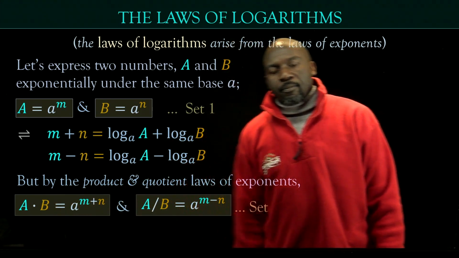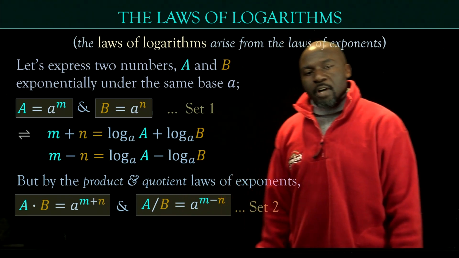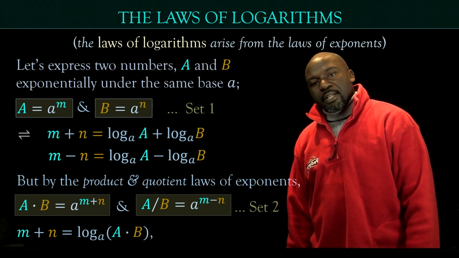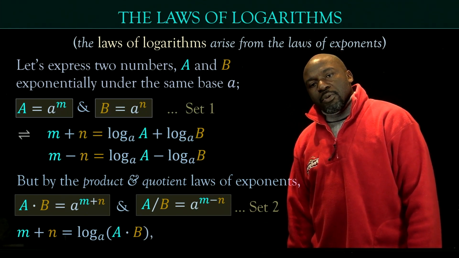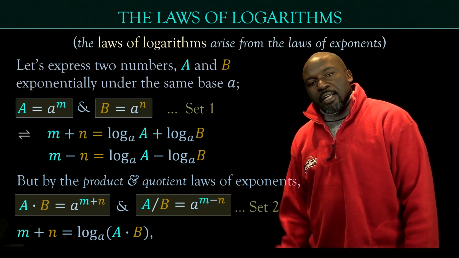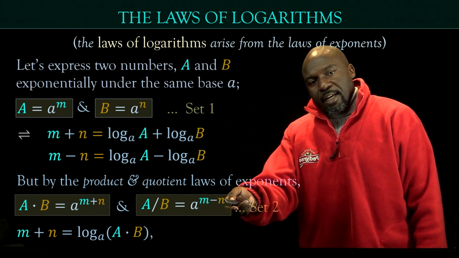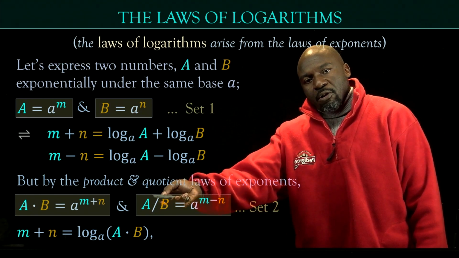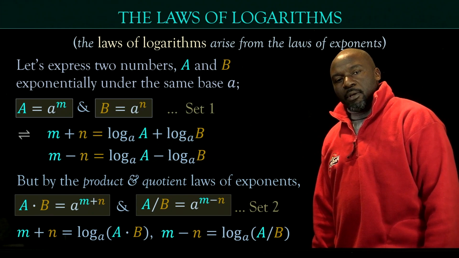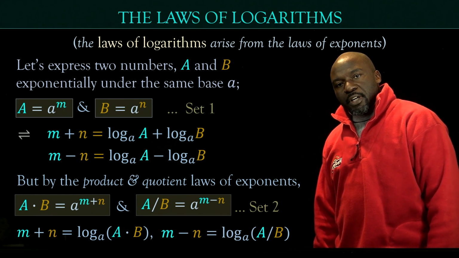If we consider this as the second set, we can now say m plus n must be equal to the log of a times b. And similarly, m minus n must be the log of a divided by b, under the same base. Okay, hopefully this is very clear.